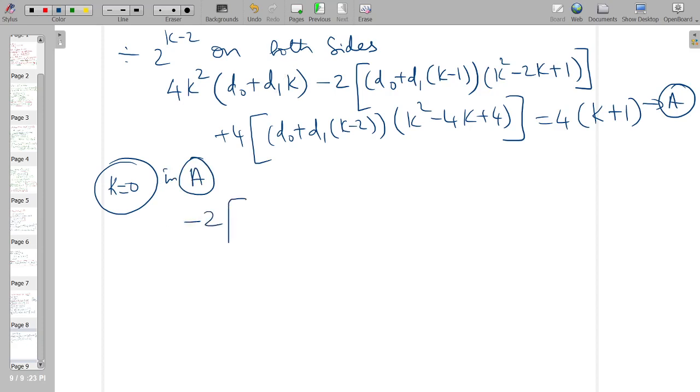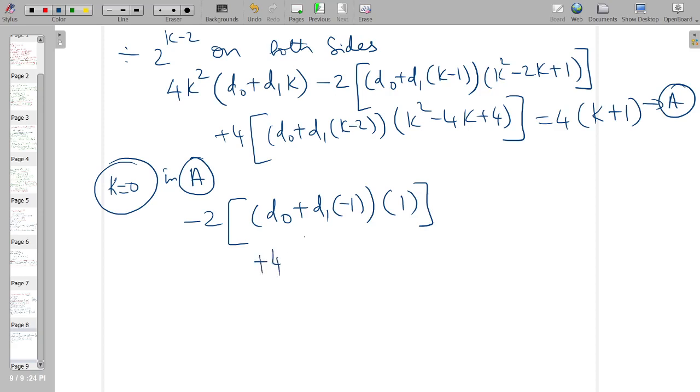The second term would be minus 2 into d naught plus d1 into minus 1, into 1, because k is equal to 0, so 0 minus 0 plus 1 will be 1.